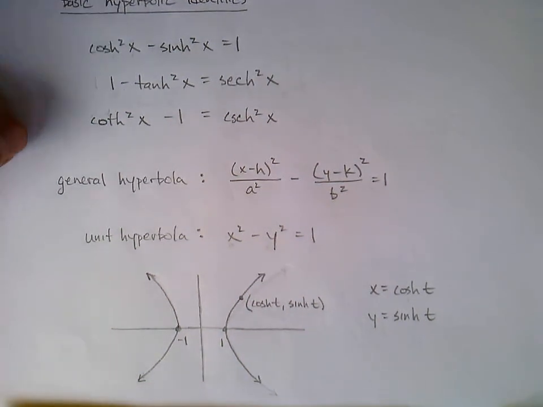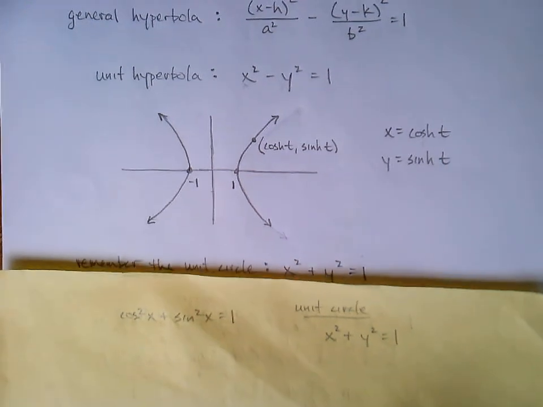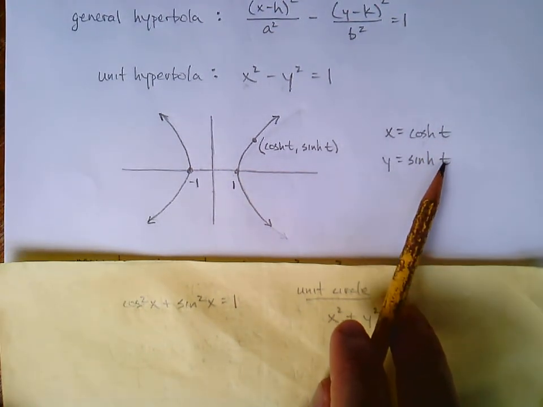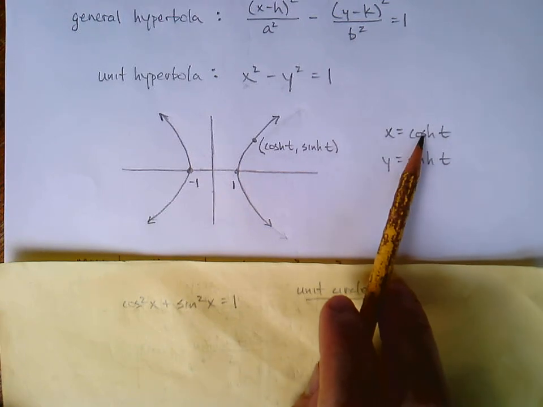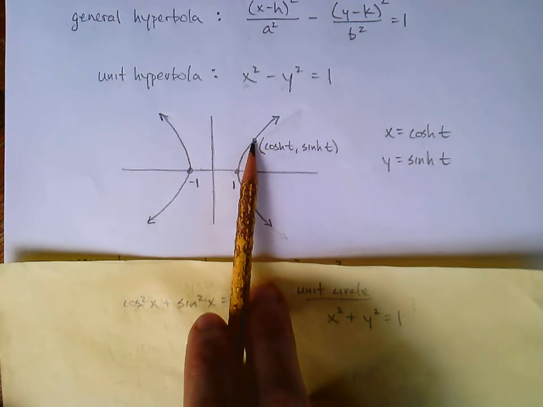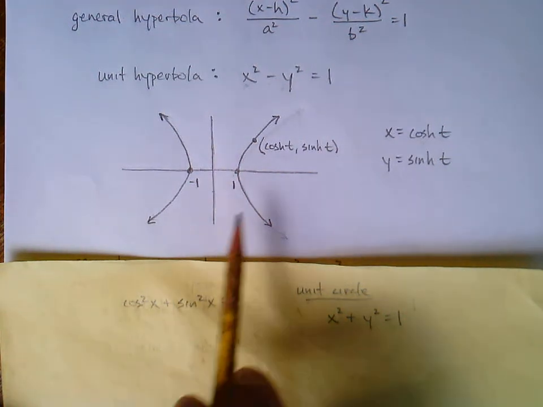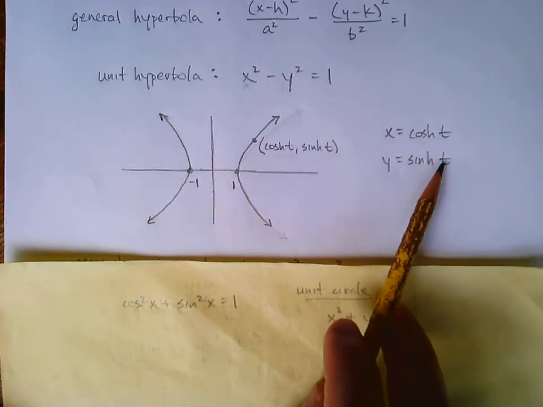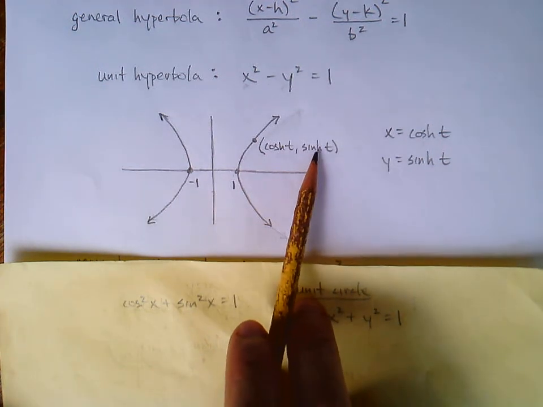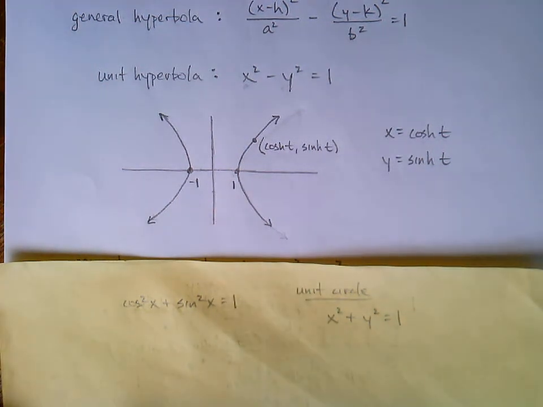So the idea is, any value of t you want, if you put it into cosh, you're going to get the x coordinate of a point on the hyperbola. If you put that same value into sinh, you're going to get the corresponding y coordinate of that point.